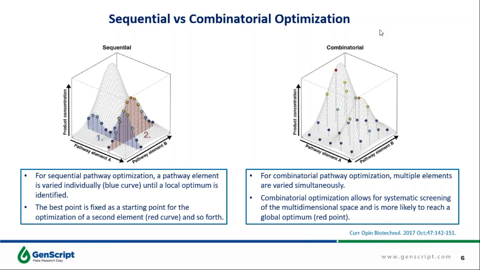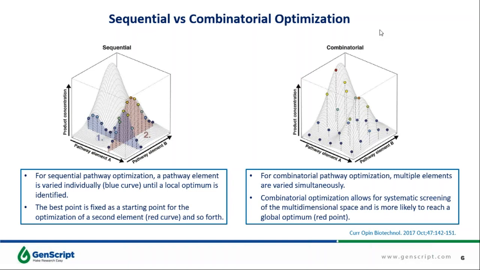Moreover, as can be seen in the figure, the sequential optimization procedure very often arrives at a local optimum rather than a global optimum solution. You can see from the figure that the red point identified is actually not a global optimum.